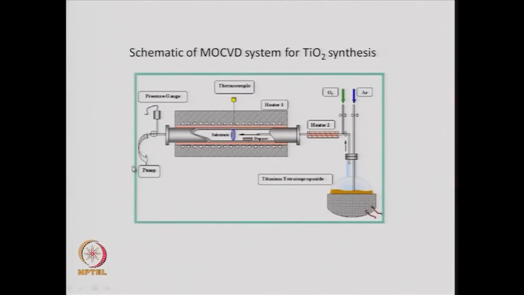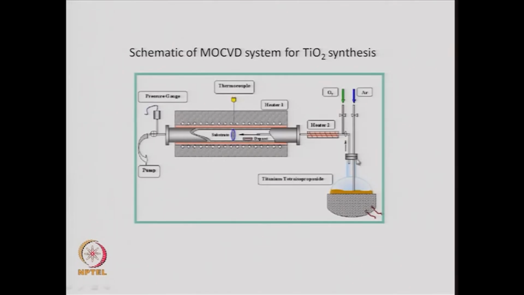Now, this is another technique by which TiO2 can be synthesized. This is the metal organic chemical vapor deposition, or MOCVD in general as it is called, where you have your material which can be titanium isopropoxide as discussed earlier. So, it is an alkoxide of titanium, and that passes through a heater, and there are several other heaters and temperature sensors in the furnace.